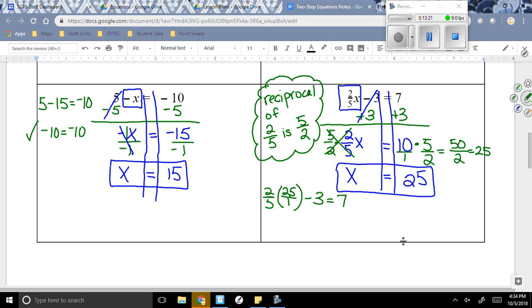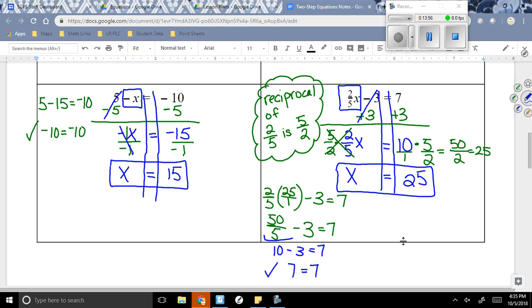When I multiply straight across, I have 50 over 5 minus 3. So 50 over 5 minus 3, bring down the rest of the problem, equals 7. Division comes before subtraction, so I'm going to do 50 divided by 5 and get 10. And then write down the rest of the problem. And when I subtract 3 from 10, I know that that equals 7. So my work here works.